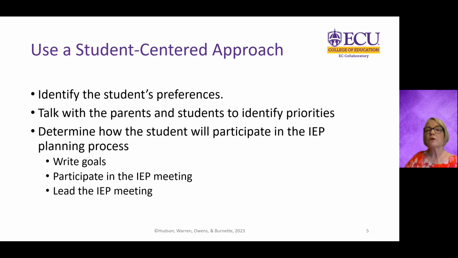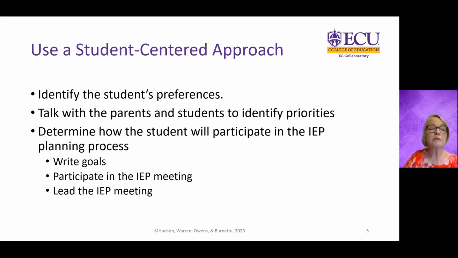Next, let's look at the steps for aligning IEPs to grade level. First, begin with a student-centered focus. You can do this by identifying the student's preferences. You can talk with parents and students themselves to identify the priorities. You can determine how the student will participate in the IEP planning process. Will they have a part in writing their goals? Will they participate in the IEP meeting?